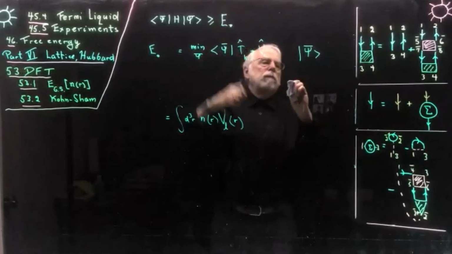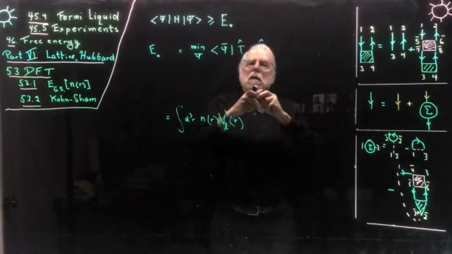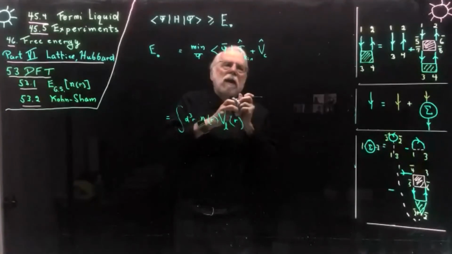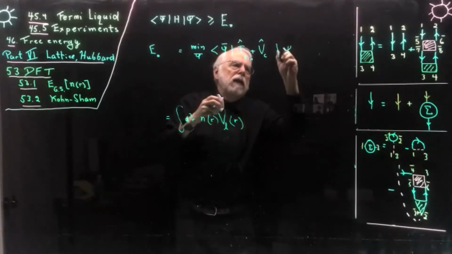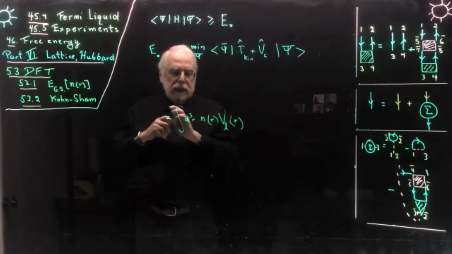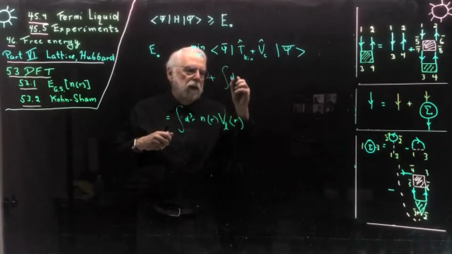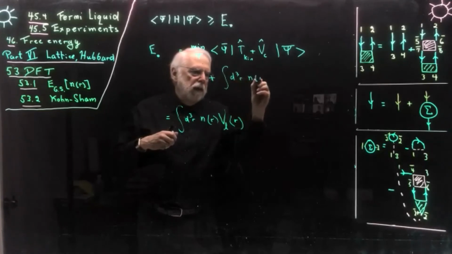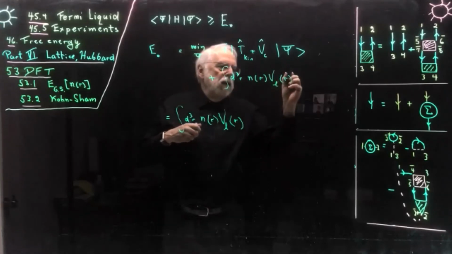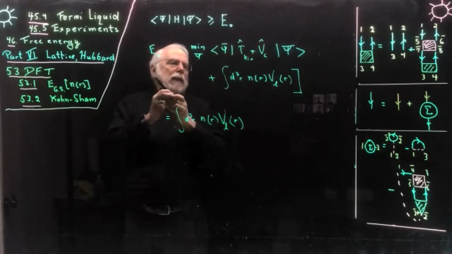So I'm left with this. The original proof starts with Hohenberg and Kohn, and this proof is due to Lieb and Levy, and I like it better. So I get plus the integral d^3r n(r) V_L(r). Now I'm going to do the minimization step.